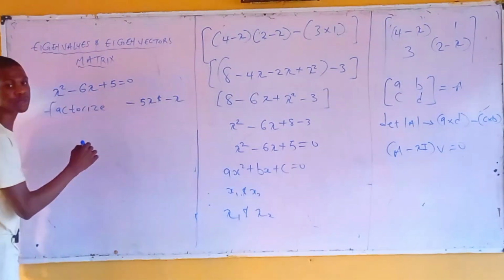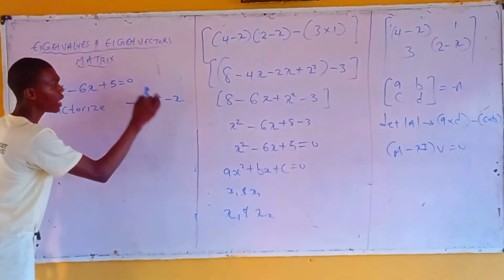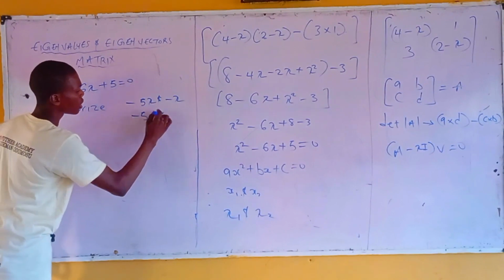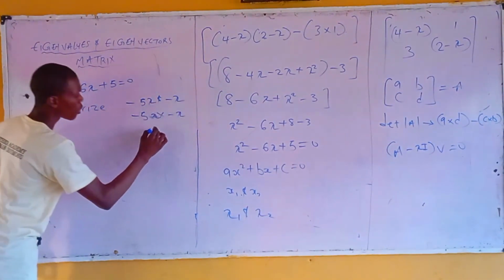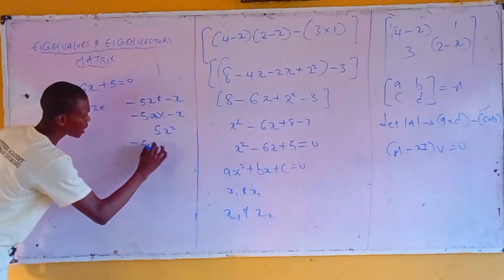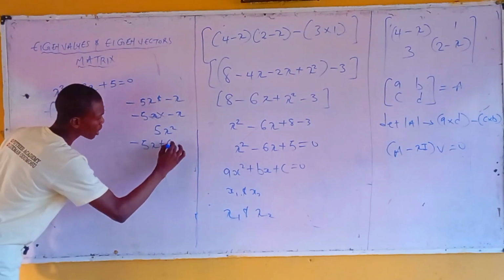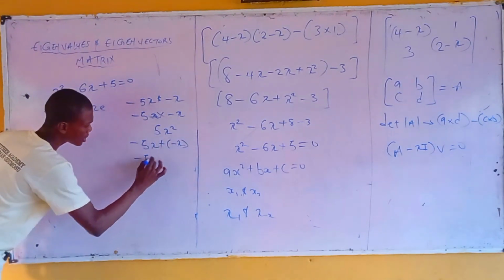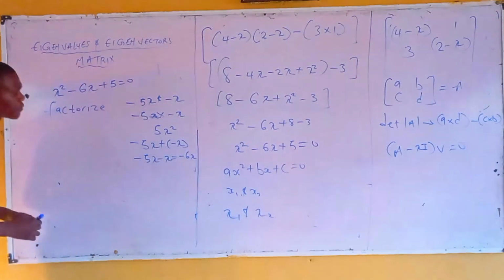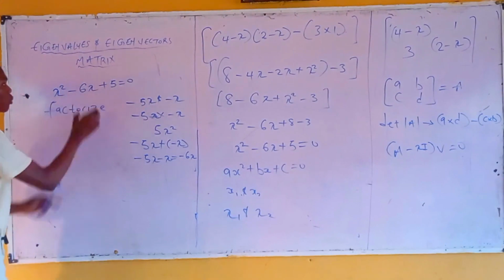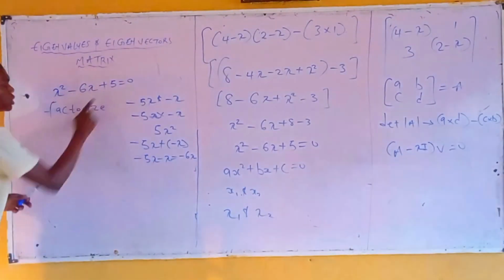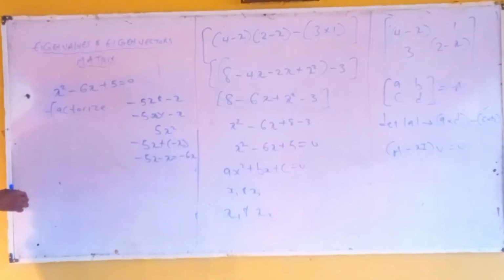Now let's perform the multiplication: minus 5 lambda times minus lambda gives positive lambda squared. Then minus 5 lambda plus minus lambda gives negative 6 lambda. Observe, when you sum these two numbers you get what is in the middle, and when you multiply you get the product of this and this. That's the concept behind factorization.